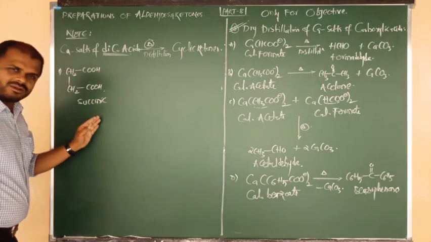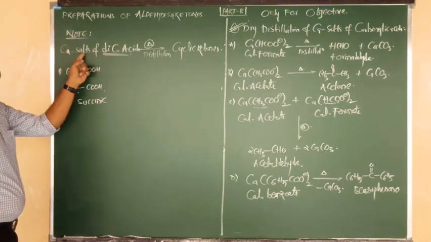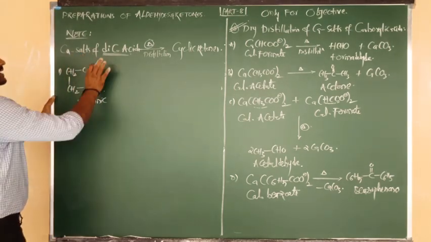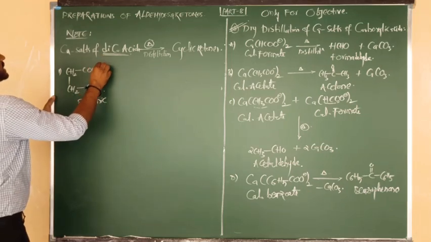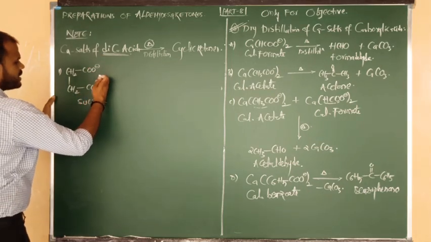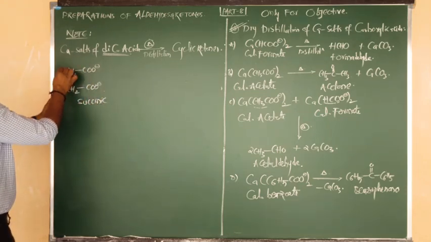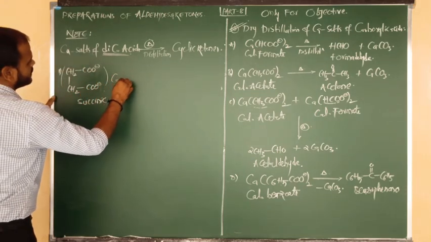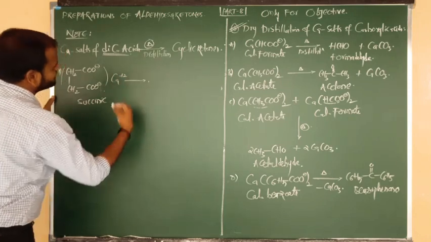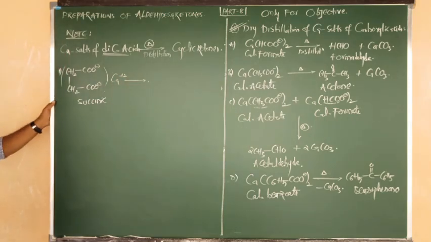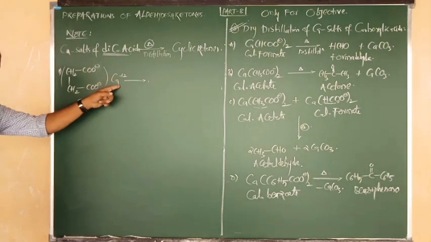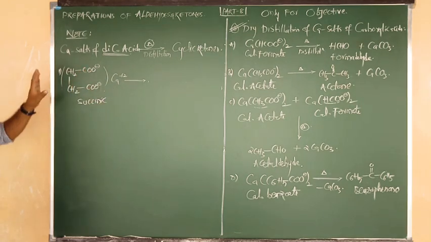But we are taking salts of carboxylic acid, so remove H plus. Here the charge is minus. Remove the H plus, again the charge is minus. Minus 1, minus 1, minus 2. It equals the Ca charge of plus 2. So this is the calcium salt of dicarboxylic acid.